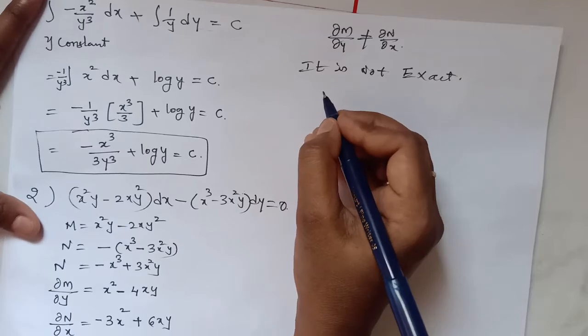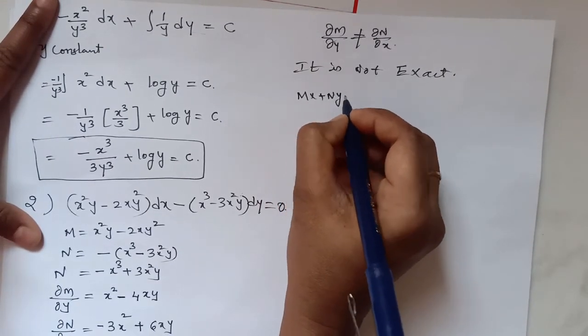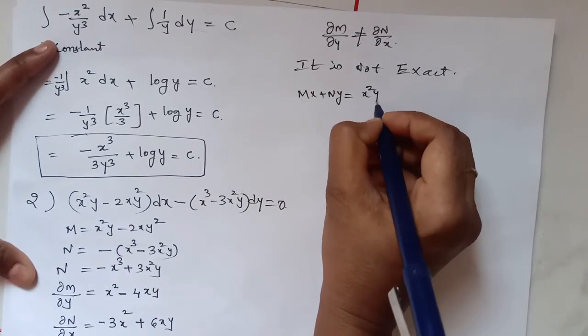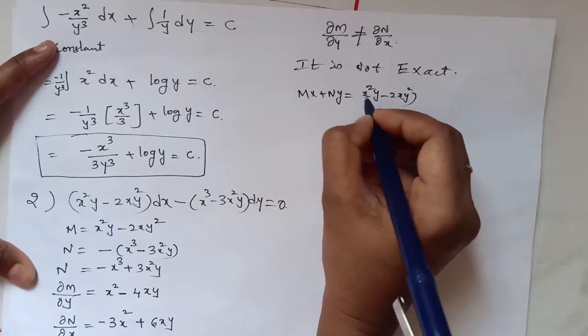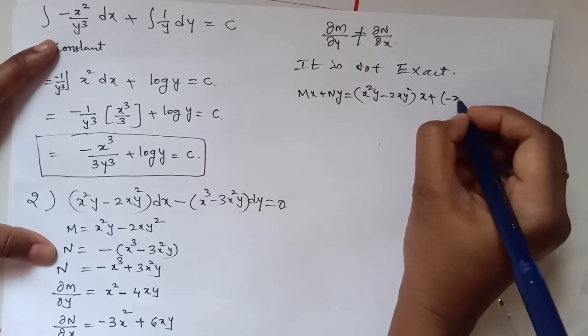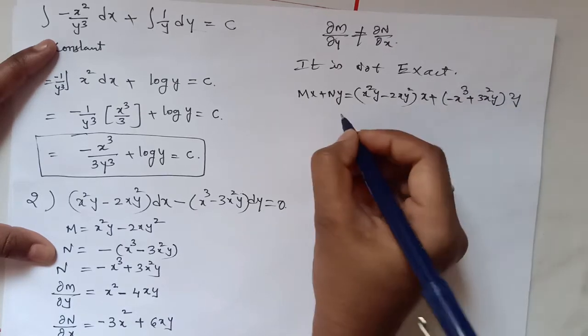So now if it is a homogeneous differential equation, we need to find Mx plus Ny. M is x square y minus 2xy square into x, plus N is minus x cube plus 3x square y into y.